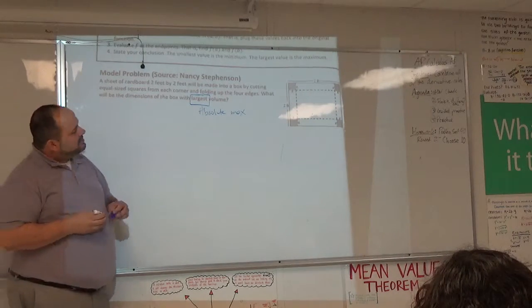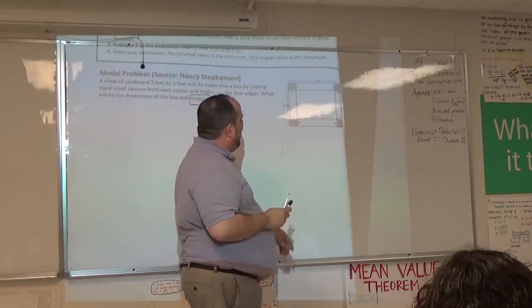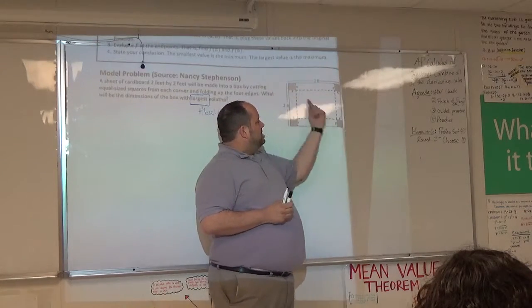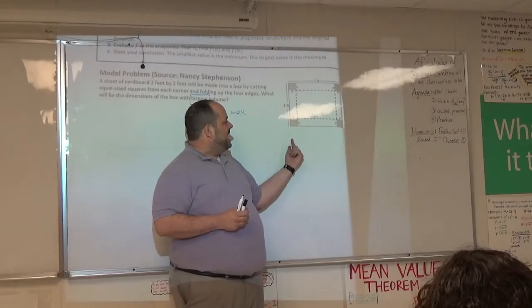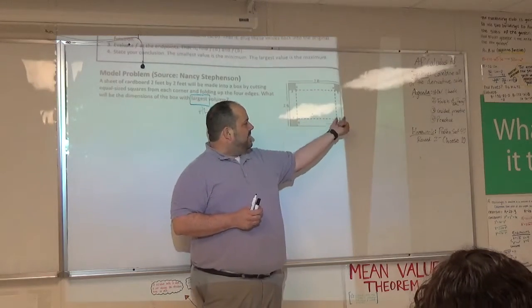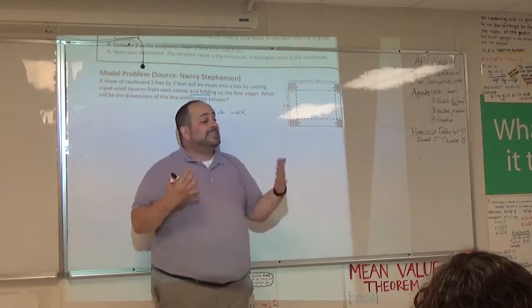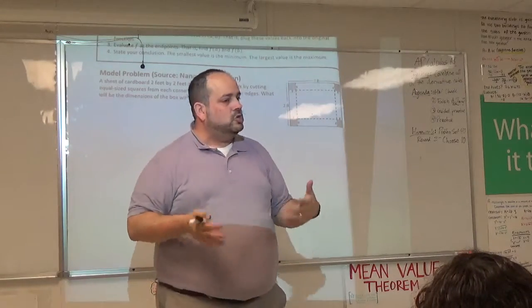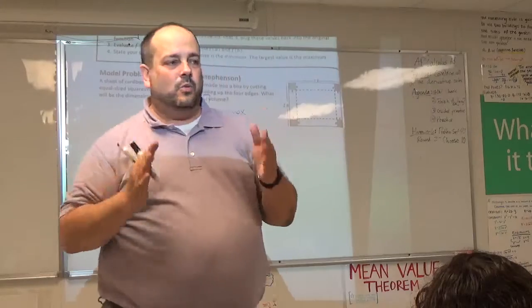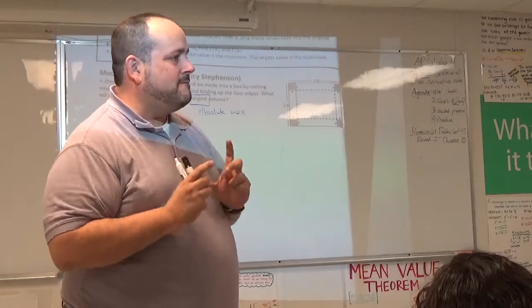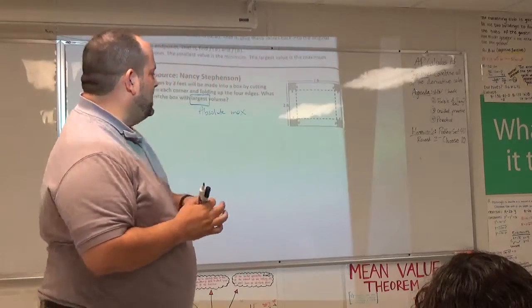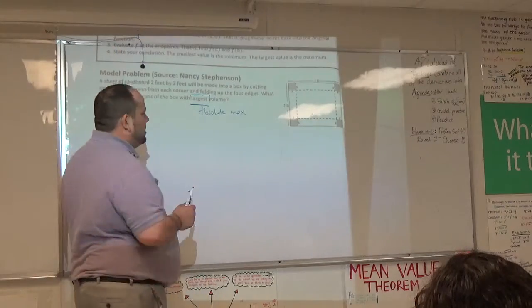Now you might think, well, there's lots of ways I could make this box. It's 2 feet on this side, it's 2 feet on this side. The goal here is to cut out the little corners and fold up the sides to make a box. There's lots and lots of ways that you could do this. What I want is the one that has the biggest volume. I want to give you guys a little bit of time, see what you can do as a good start on this problem.